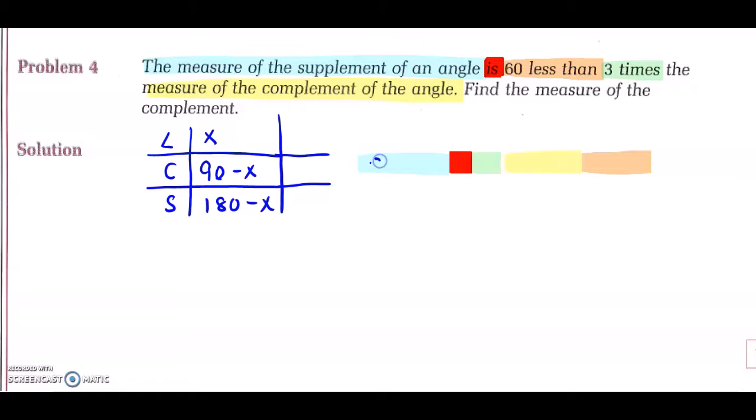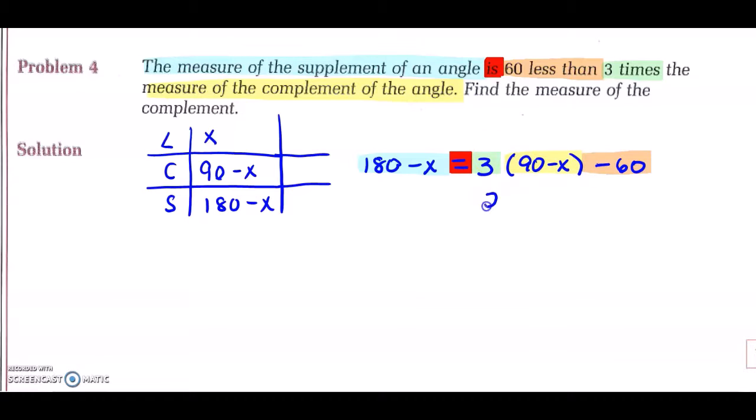So the measure of the supplement of the angle is 60 less than 3 times the complement.